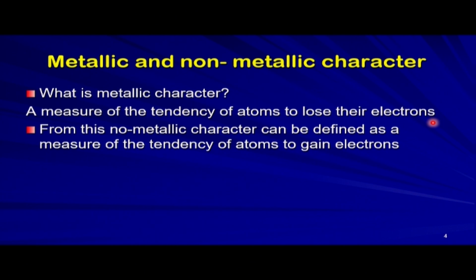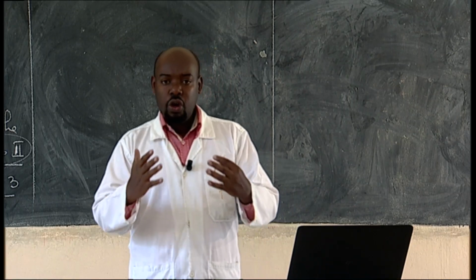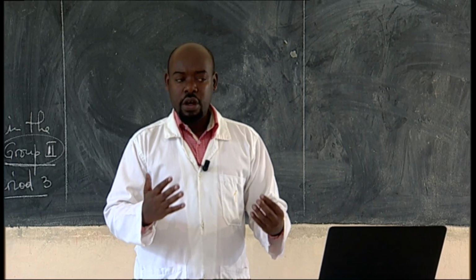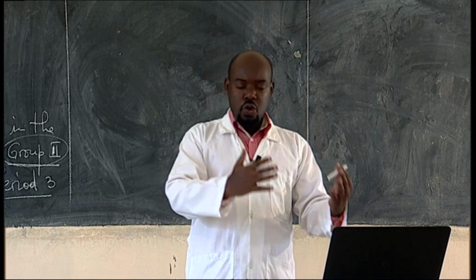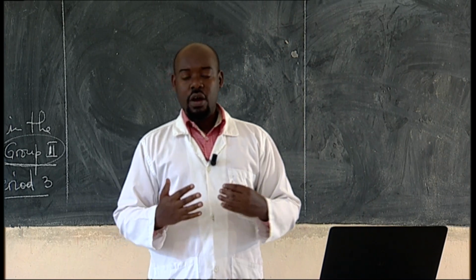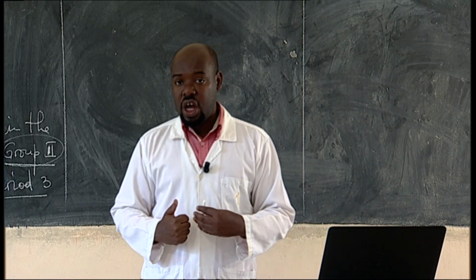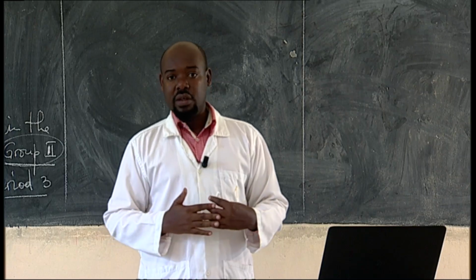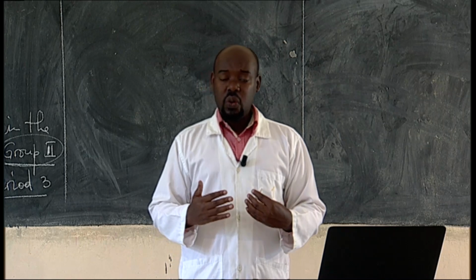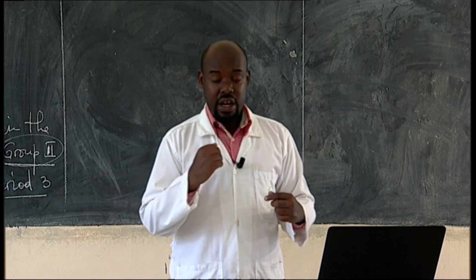Remember, we have seen in unit number 5 that monoatomic radicals exist, and they are formed when atoms lose electrons or gain electrons. We know that when an atom loses an electron, it becomes positively charged, and we call it a cation. And when an atom gains an electron, it becomes negatively charged, and we call it an anion.